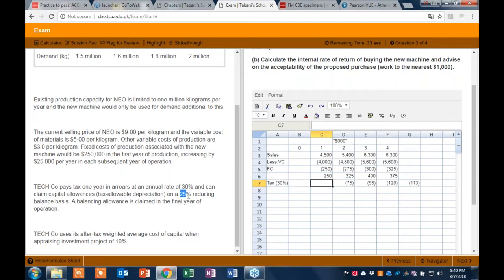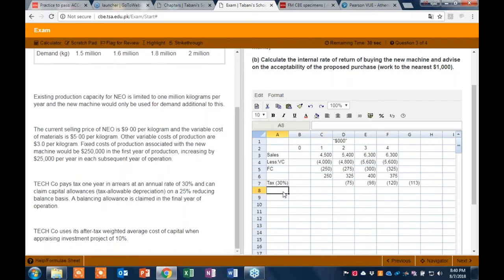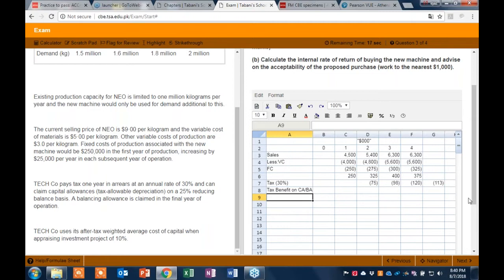So we have to show this benefit as cash inflow, and we call it tax benefit on capital allowance or balancing allowance. I'll just discuss in a while what balancing allowance is. So let's see how we calculate this tax benefit.